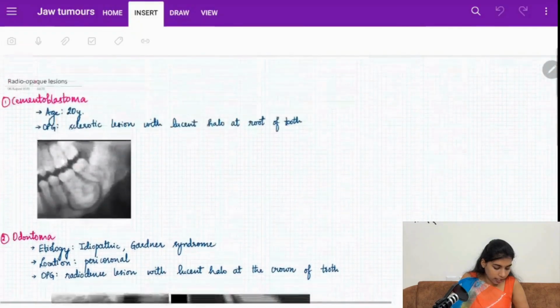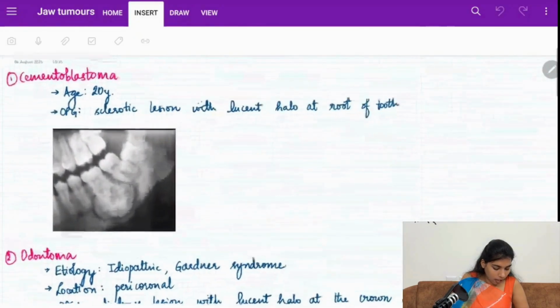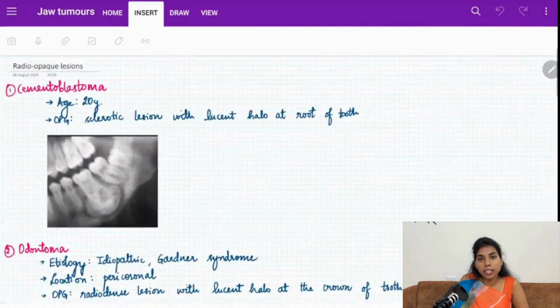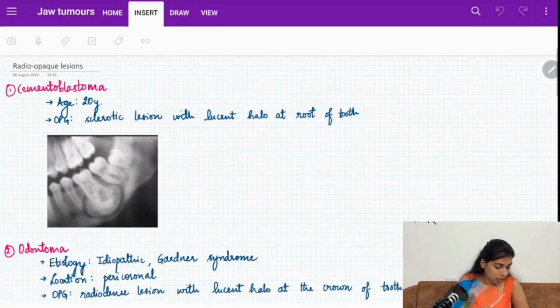So, the radio-opaque lesions are again classified as odontogenic and non-odontogenic. Non-odontogenic, I already told you, it follows WHO classification of bone tumors. Now, radio-opaque lesions which are odontogenic were just 2 in number, that is cementoblastoma and odontoma.